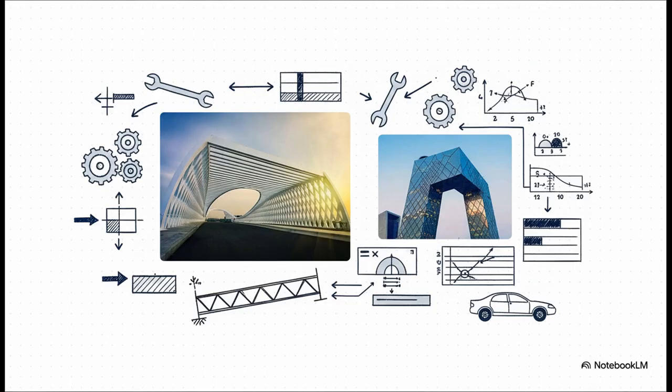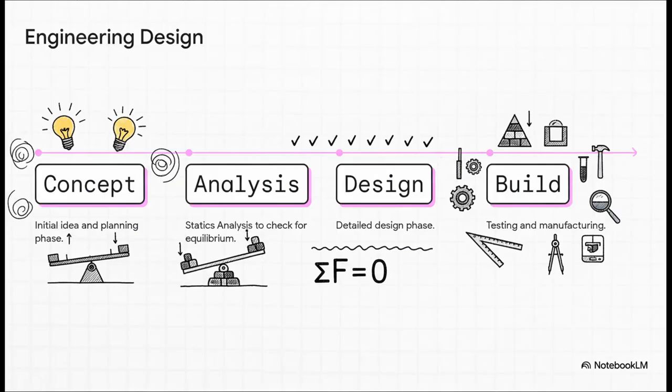This course is the bedrock for all the advanced subjects that come next, like strength of materials and machine design. So when do we use it? Right at the beginning of the design process. As soon as you have a concept, the very next step is a statics analysis. You have to prove, mathematically, that your idea is stable and in equilibrium before you can move on. Think of it as the first, most critical safety check for any design.